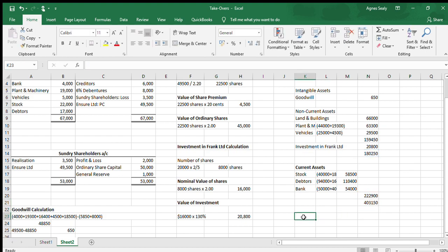$403,500. We're going to take away our liabilities. So our liabilities, we have our creditors, which will be $80,000 from Ensure plus the $5,850 from Wall.